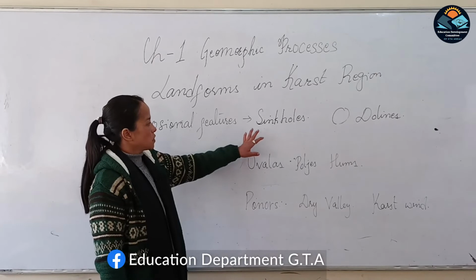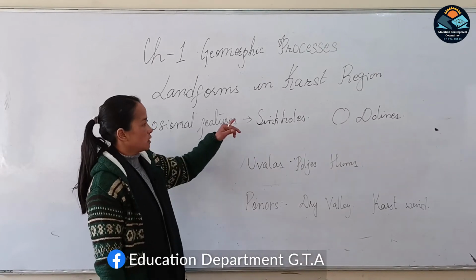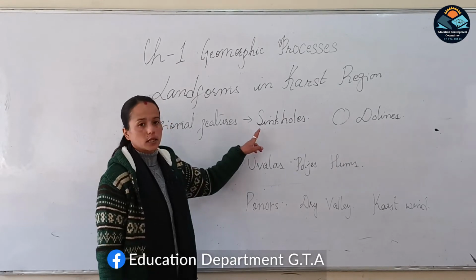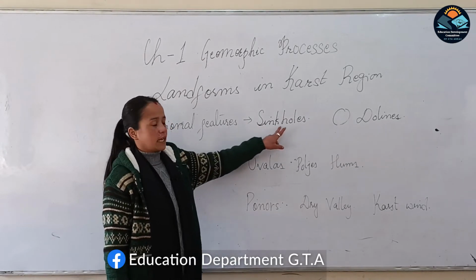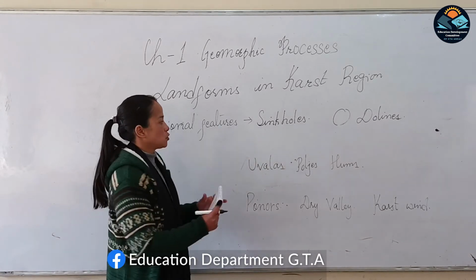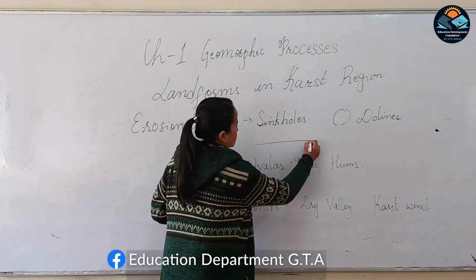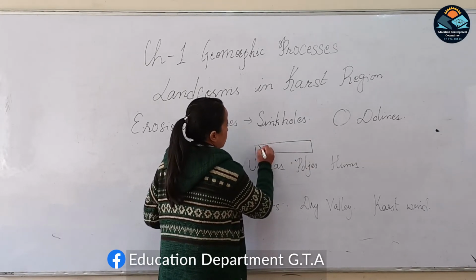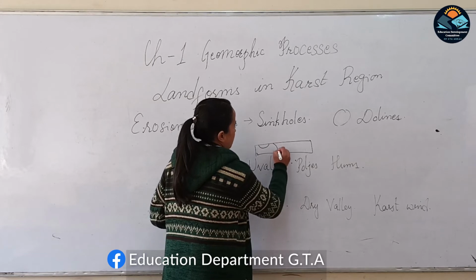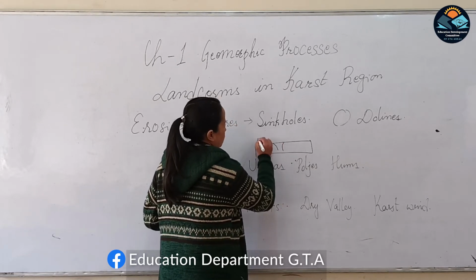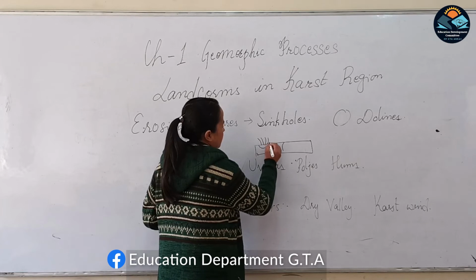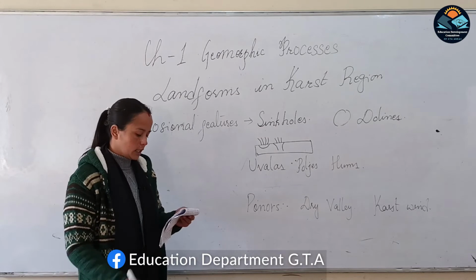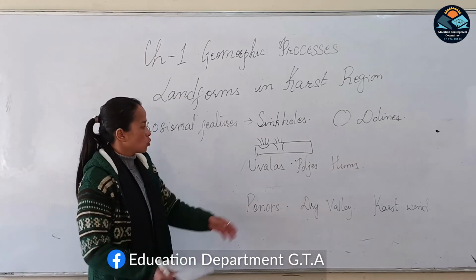Another erosional feature found in the karst region, or the limestone region, is the sinkhole. The name itself says holes. That means in the limestone region there are many holes on the surface, saucer-shaped or funnel-shaped. When the rainwater sinks into these holes, they are known as sinkholes, or swallow holes.